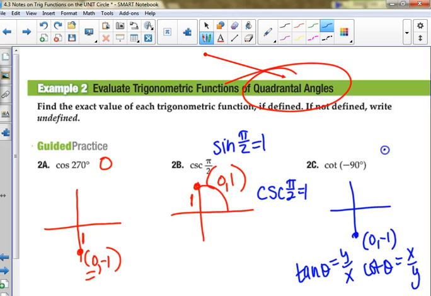So if I put 0 over -1, is that undefined or is it 0? 0 over -1 is 0. It's only undefined if the 0 is underneath. Division by 0 is what's undefined, not dividing by -1.